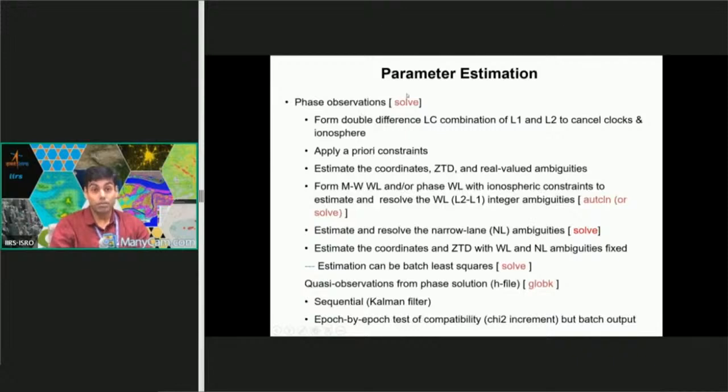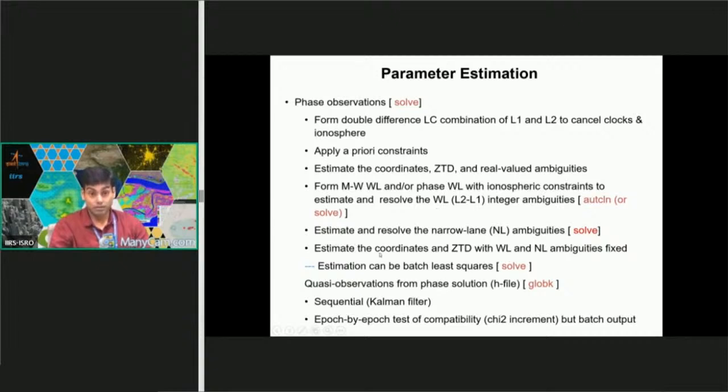So then we do the parameter estimation. We do double difference linear combination of L1 and L2 to cancel the clocks and ionosphere. Then we apply the a priori coordinate constraint. Then we estimate the coordinates. Then we apply this model to correct the ionosphere, geometry error, and troposphere.